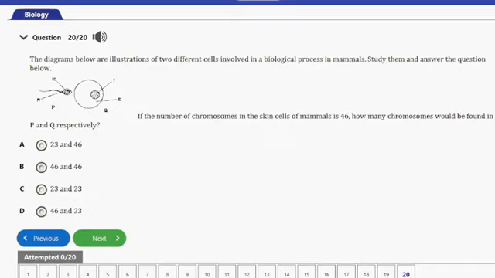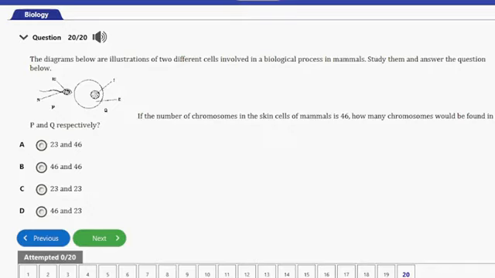So guys, again, it's just half the 46 because these are reproductive cells. These are actually sex cells. So they'll contain half the number of chromosomes found in the somatic cells of the skin and other parts. So that will be 23 for each of them.